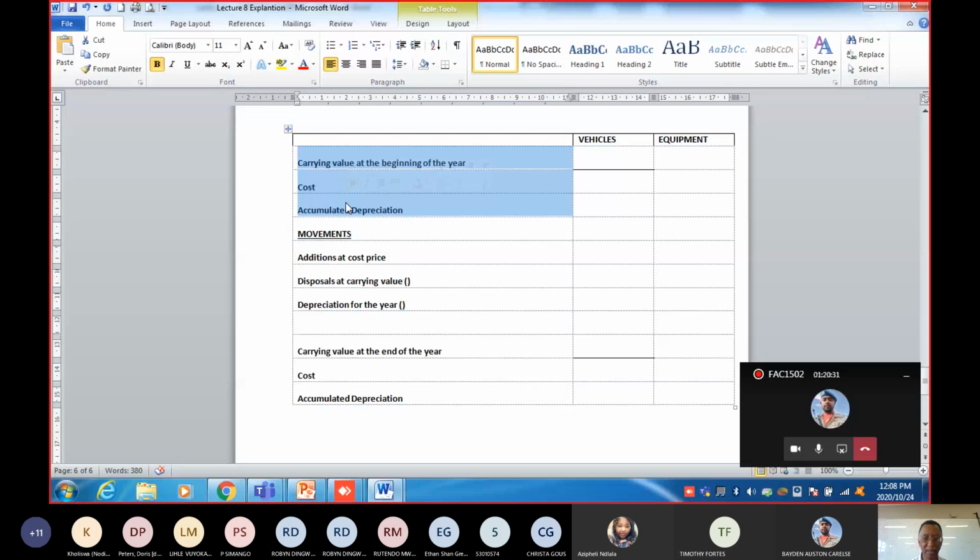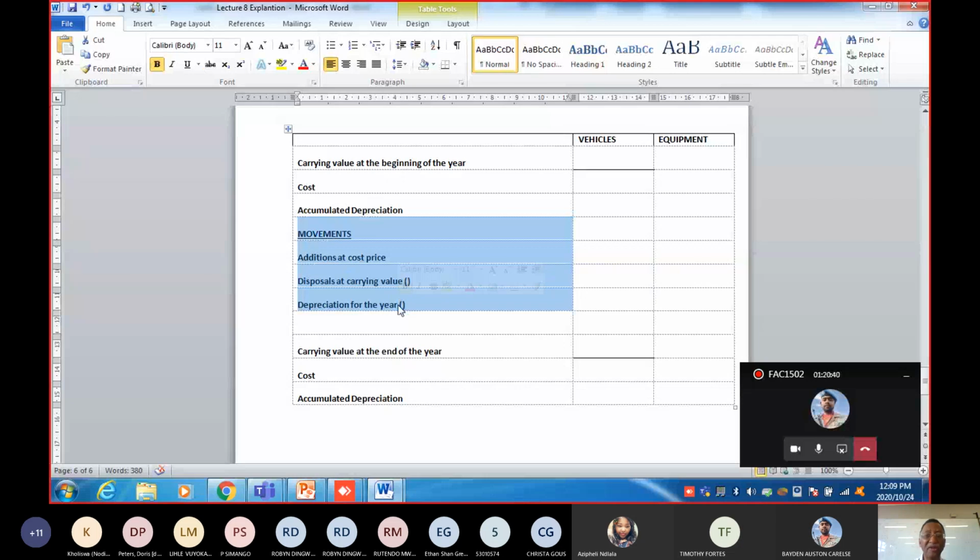The next set is called movements, and the movements refers to what has happened during the year. Now, 3 things can happen during the course of the year. We can have additions, which means that we are buying more vehicles or more equipment. Or we can have disposals, and disposals will refer to what did we sell.